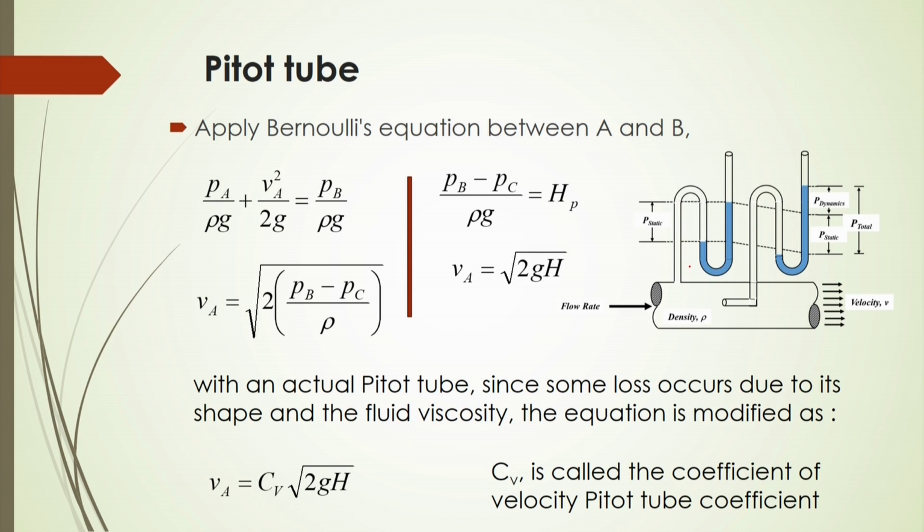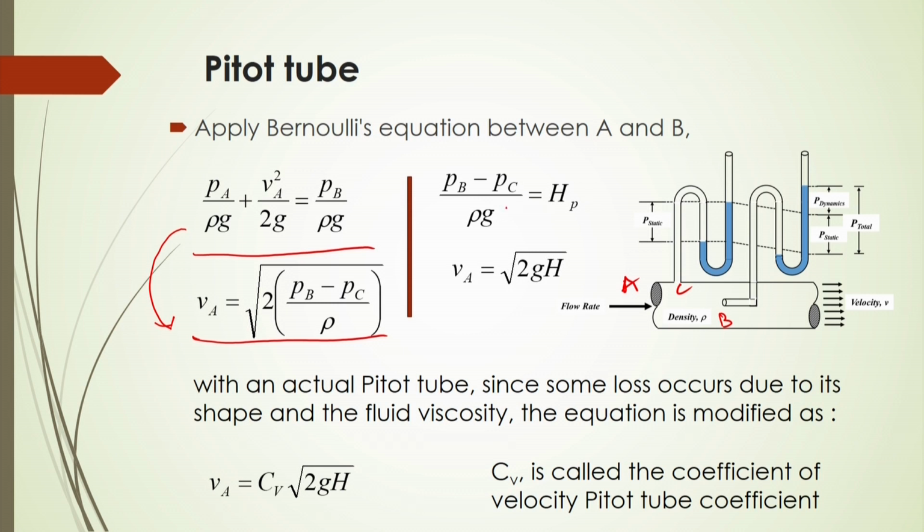At section 2, that means at section B. Here it is B, here C, here A. So between A and B, if we consider, then P A by rho g plus V A square by 2 g will be equal to P B by rho g plus V B square by 2 g. Since V B is equal to 0 at that stagnation point, we can say simply P A by rho g plus V A square by 2 g will be equal to P B by rho g. So V A will be equal to root over 2 into P B minus P A by rho after simplification from this equation.